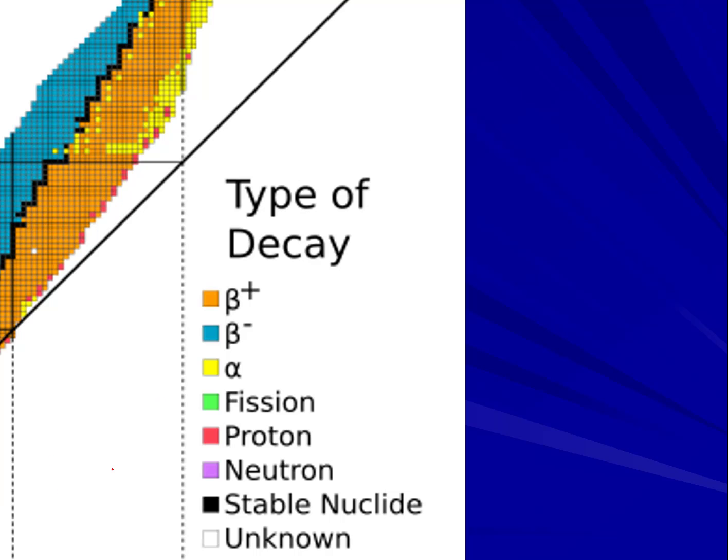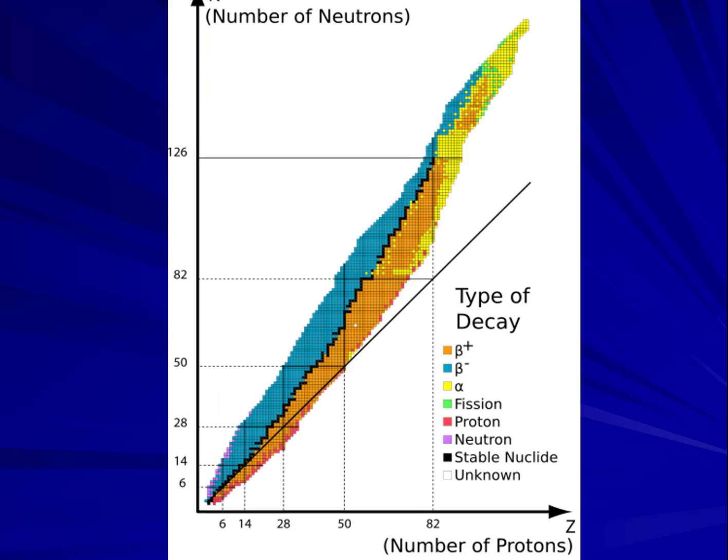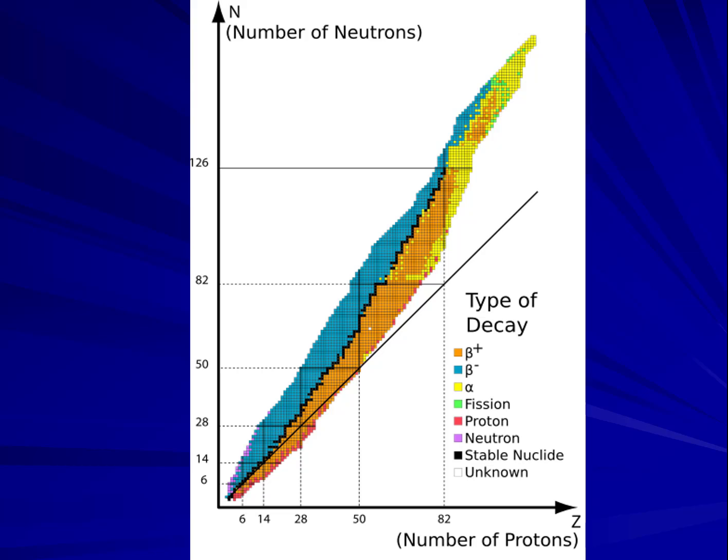Okay, why don't you unzoom? Okay, so if you look, blue is up top, where you have a bigger number of neutrons than protons. Okay? The stable ones are the black ones. So things above the stable ones tend to go through beta decay because they have too many neutrons, so they turn a neutron into a proton.